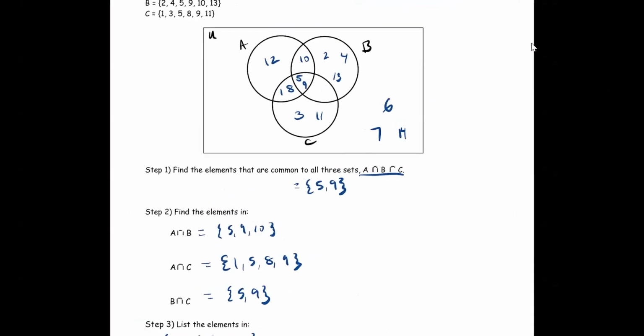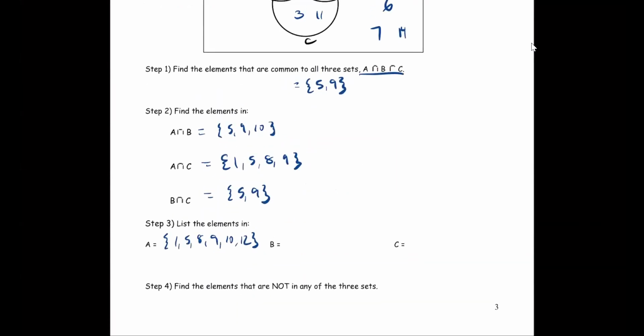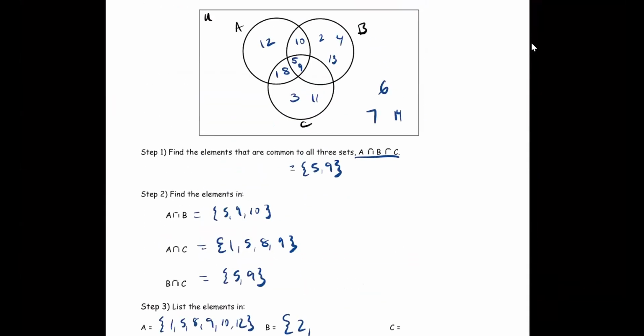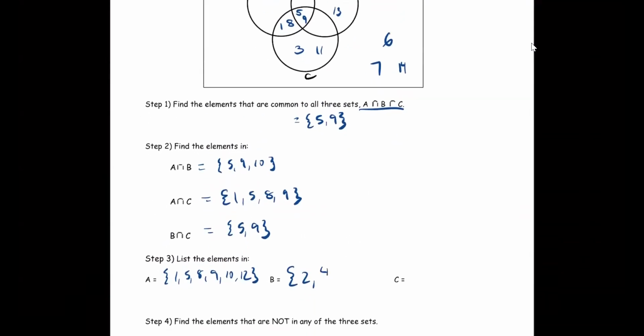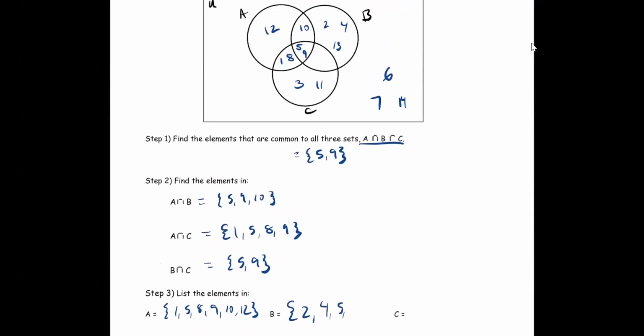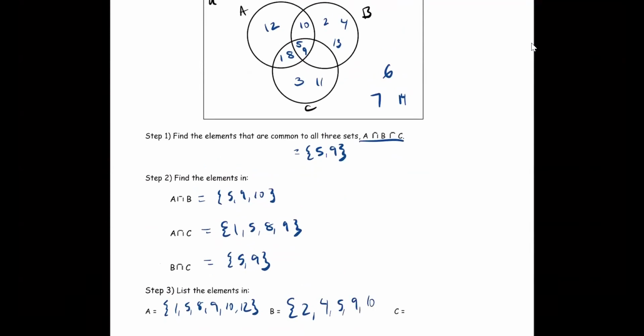All right, for B, that's everything in this circle. That would be 2, 4, 5, 9, 10, 13.